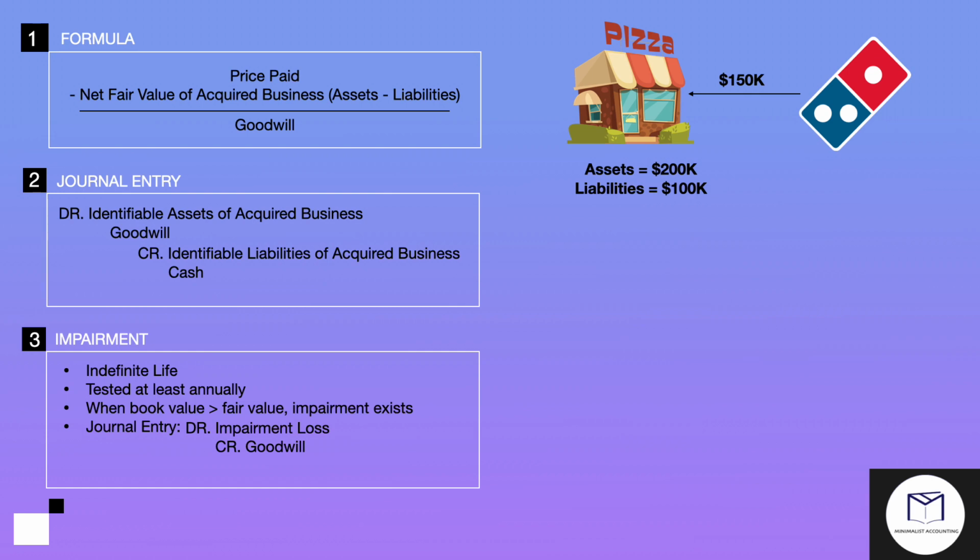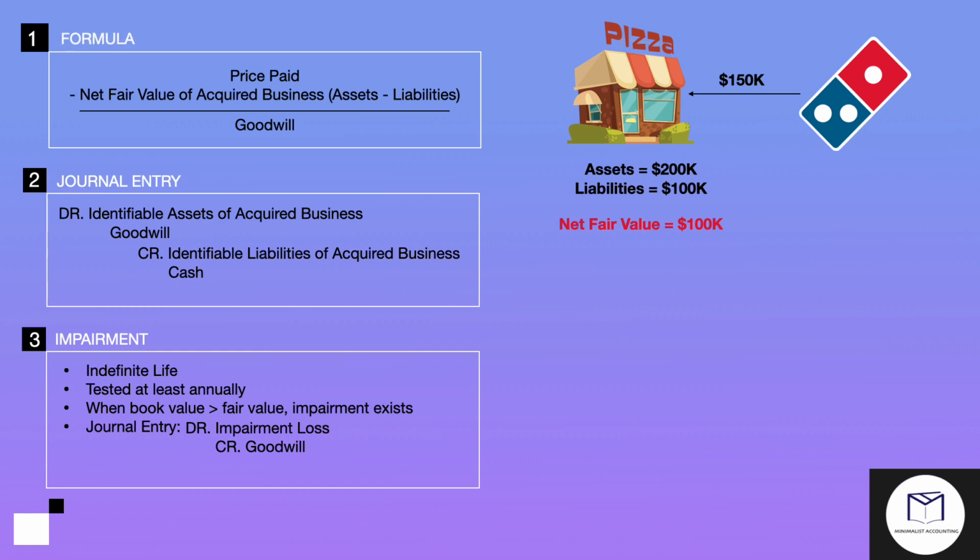Now, given all these facts, we can calculate the net fair value of our pizza restaurant by subtracting the liabilities from the assets. This gives us a net fair value of $100,000. We calculated that by subtracting 200 minus the 100 for liabilities.